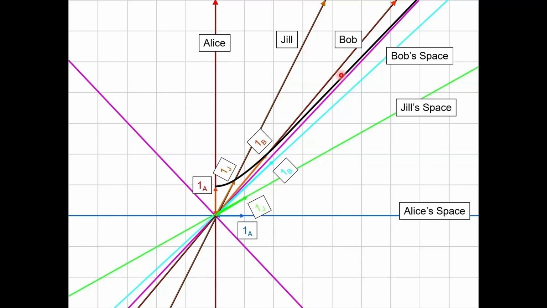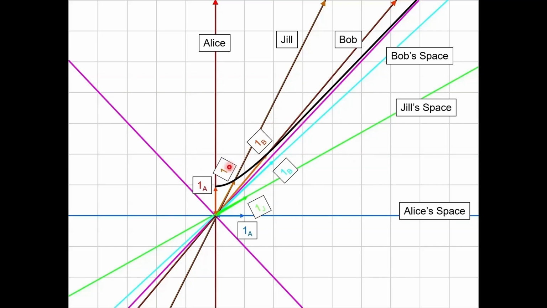So the line of 1 second is a hyperbola and not a straight line. But again, this is the line that describes the transformation between the different 1 second coordinates of different world lines. The 1 second of Alice is a straight line that is parallel to its 0 line, that is parallel to its 2 second line, and the same for Jill and for Bob.